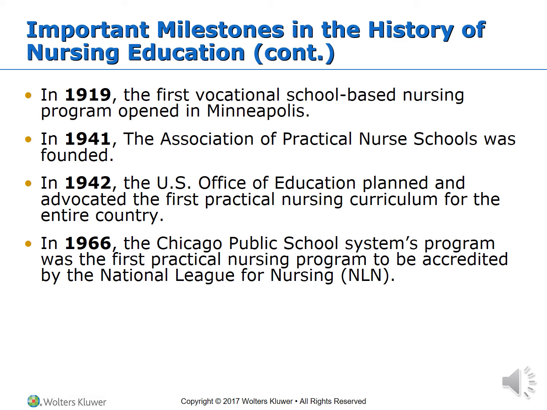In 1941, the Association of Practical Nurse Schools was founded. In 1942, the U.S. Office of Education planned and advocated the first practical nursing curriculum for the entire country. In 1966, the Chicago Public Health School Systems program was the first practical nursing program to be accredited by the National League for Nursing.